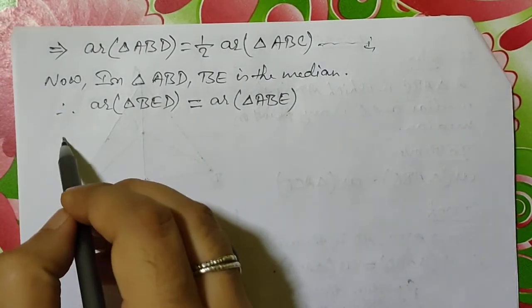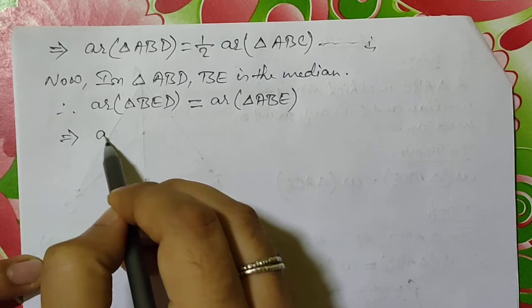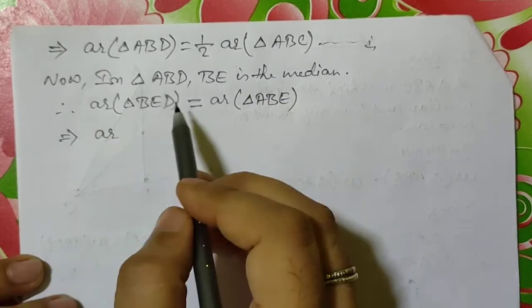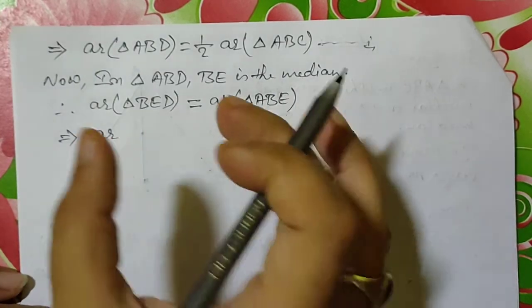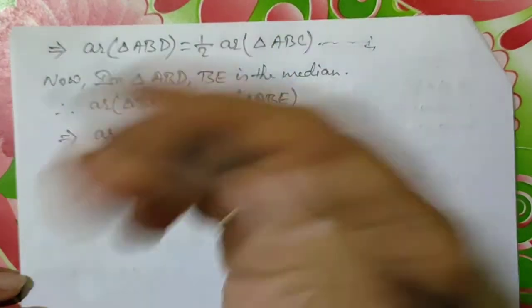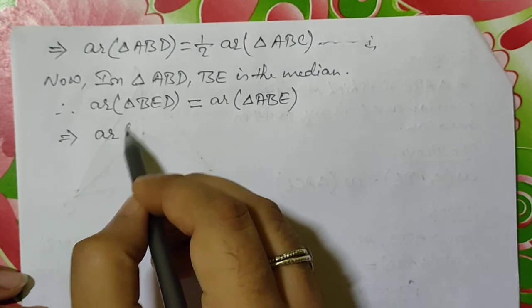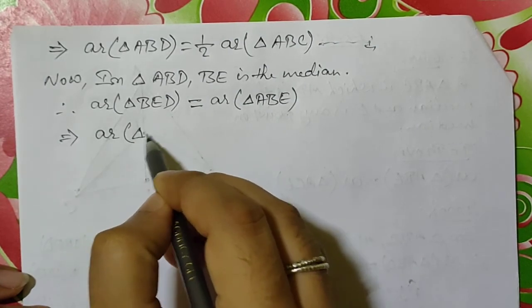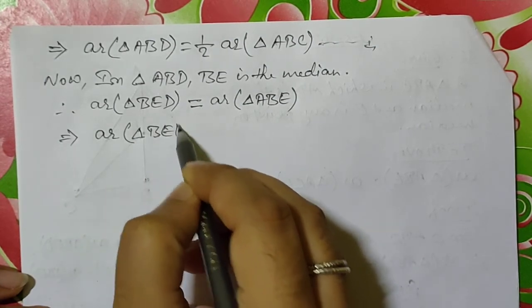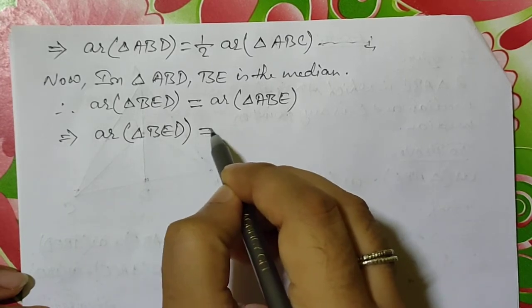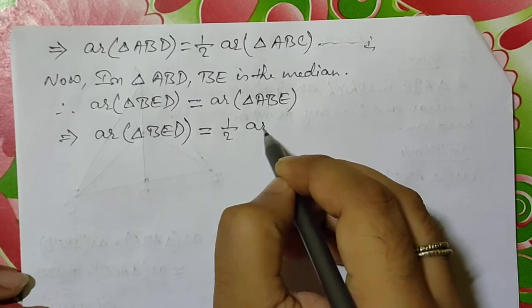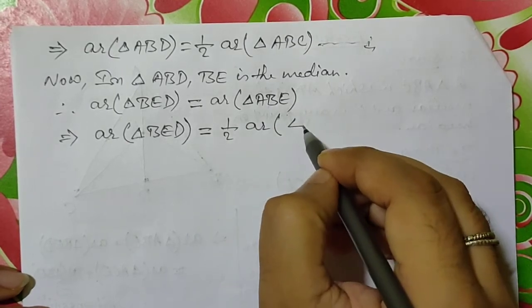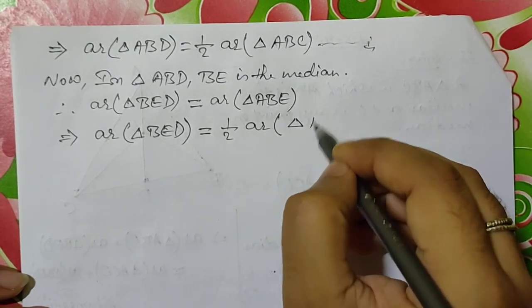So it implies that if the whole triangle is divided into two equal parts, then obviously one part is going to be half of the whole. So therefore we can write area of triangle BED is equal to 1 by 2, half area of triangle ABD.